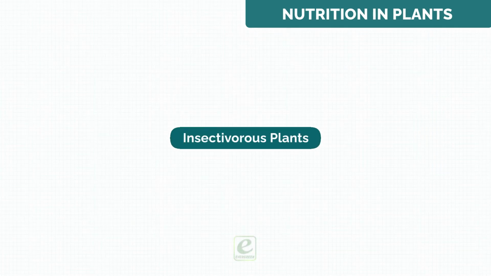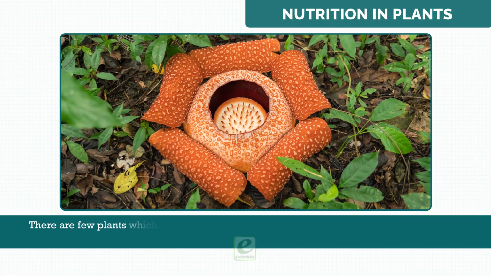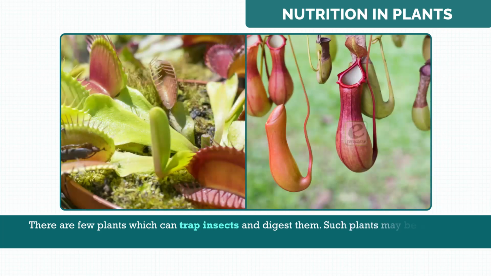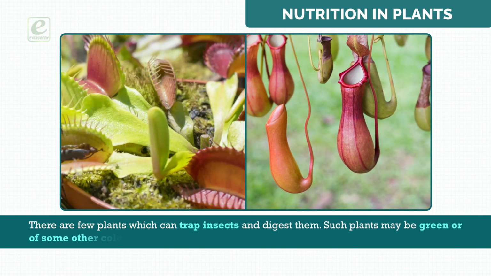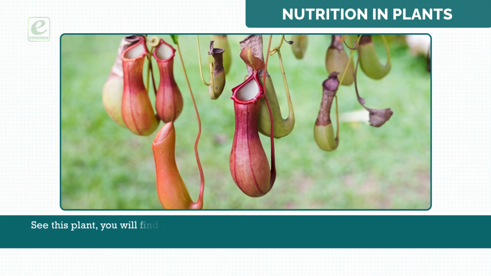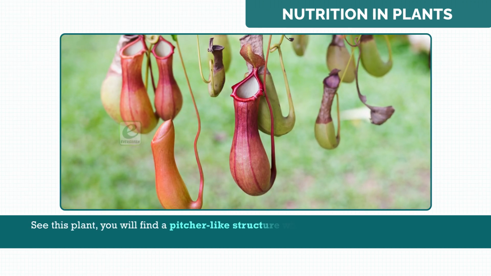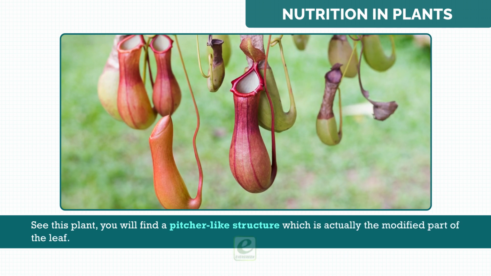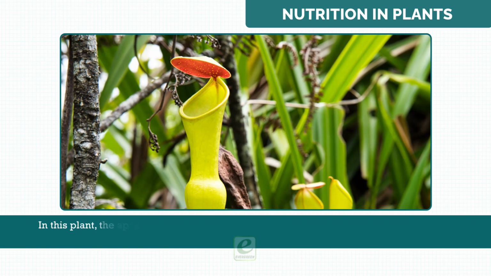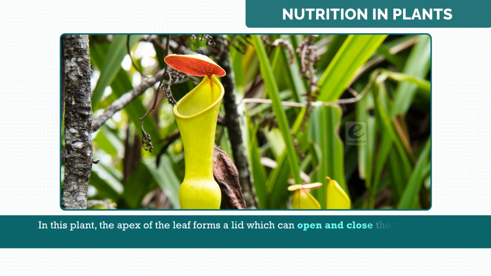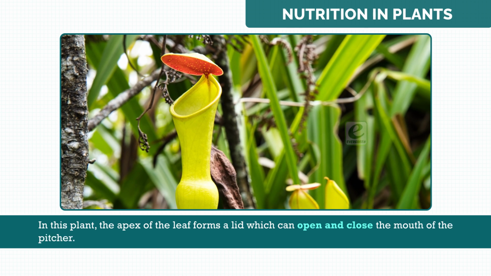Insectivorous plants. There are few plants that can trap insects and digest them. Such plants may be green or some other color. See this plant. You will find a pitcher-like structure which is actually the modified part of the leaf. In this plant, the apex of the leaf forms a lid which can open and close the mouth of the pitcher.